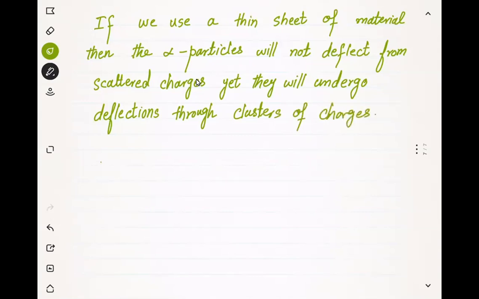So if we use a thin sheet of metal, then if the charges are scattered, then no deflection. So if we use a thin sheet of material, then the alpha particles will not deflect from scattered charges, yet they will undergo deflections through clusters of charges. So if we have clusters of charges, then alpha particles will have prominent deflection. They will have enough deflections.